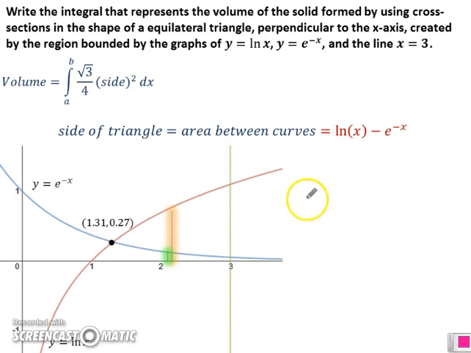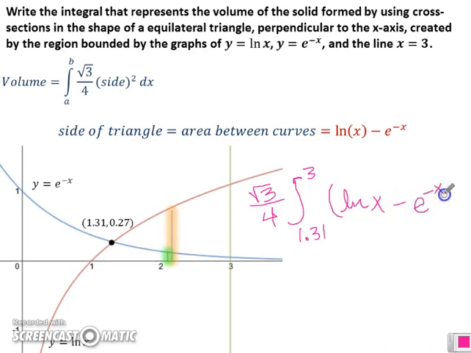Oh, sorry. I didn't finish it. And we could put that coefficient out front here. Natural log of x minus e to the negative x squared with respect to x.